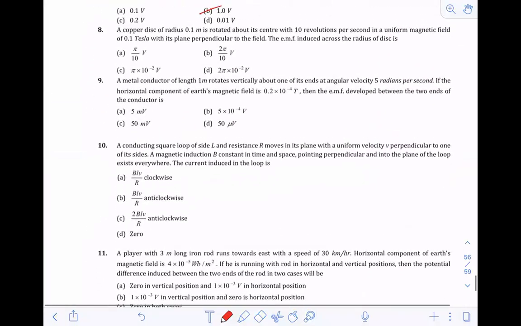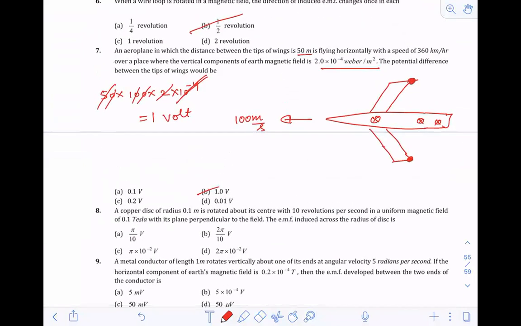Question number 8. Did you understand question number 7?